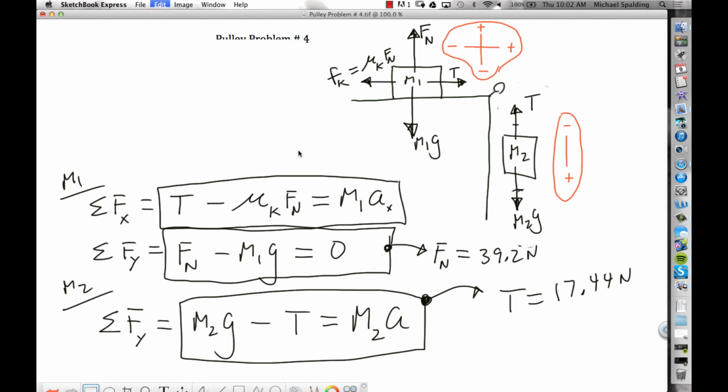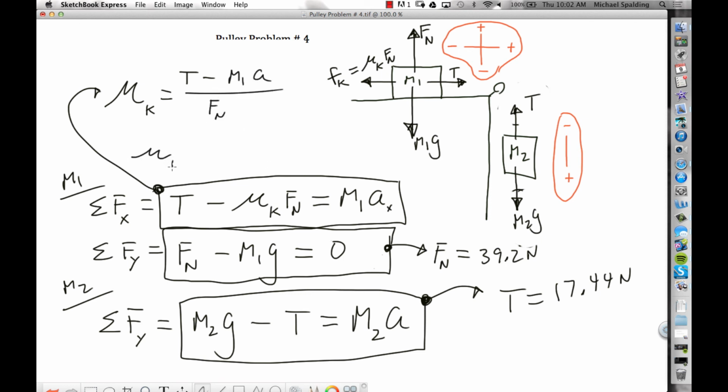The second question is, what's the coefficient of friction? So take this equation, solve it for coefficient of kinetic friction. So the algebra is going to give T minus M1A over normal force. And you have everything.